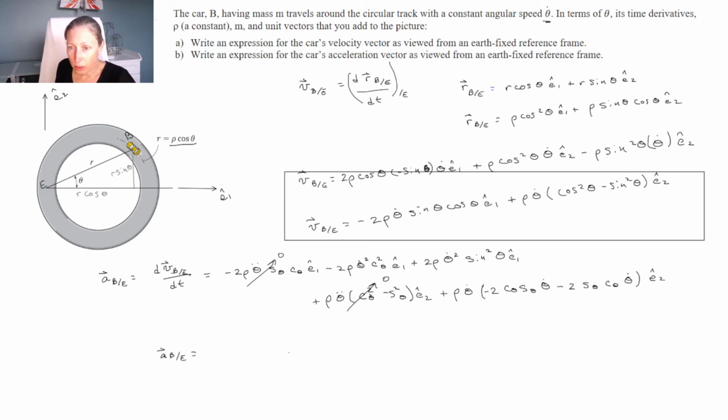Okay, so we're left with this. So here's 2 rho theta dot squared times sine squared theta minus cosine squared theta in the E1 direction.